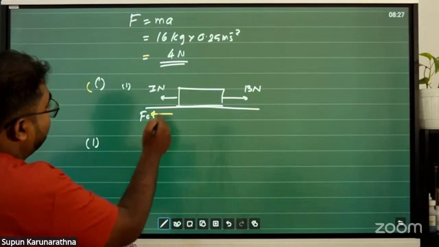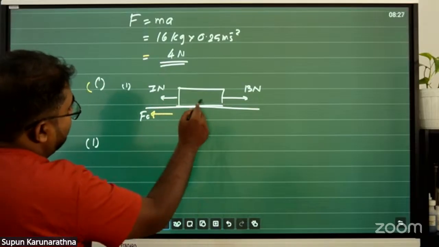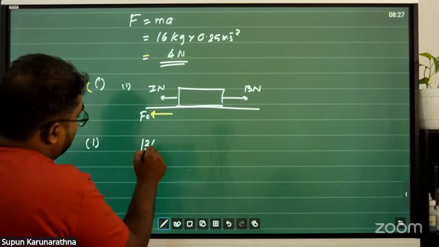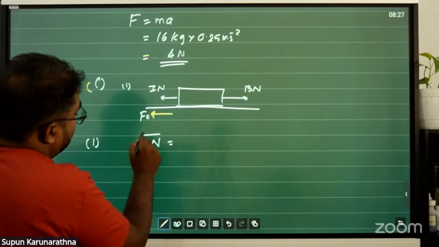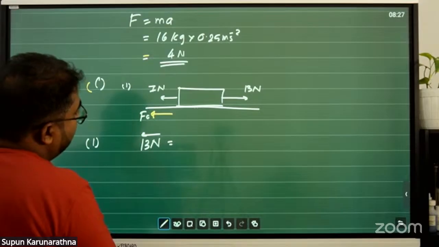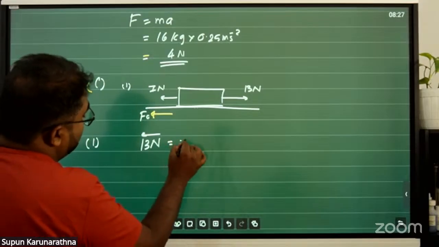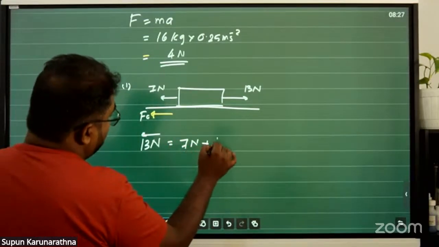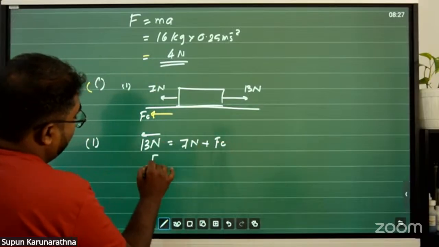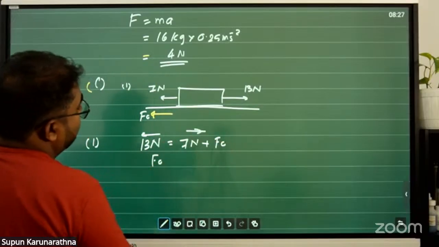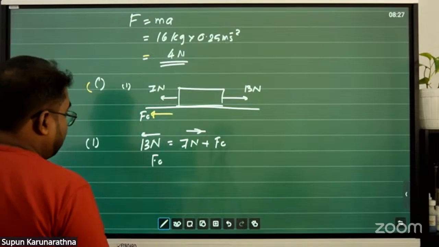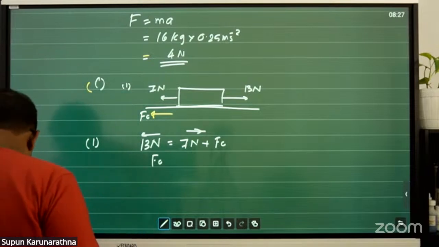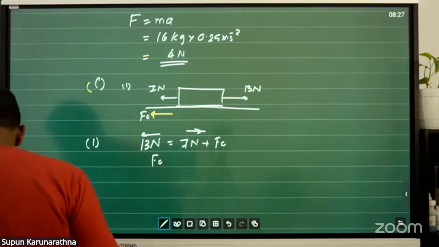We can take the forces as balanced. We can make the formula: 13 Newton force in this direction is equal to 7 Newton plus F naught in the other direction, because my resultant is 0. That's why I make it an equation.